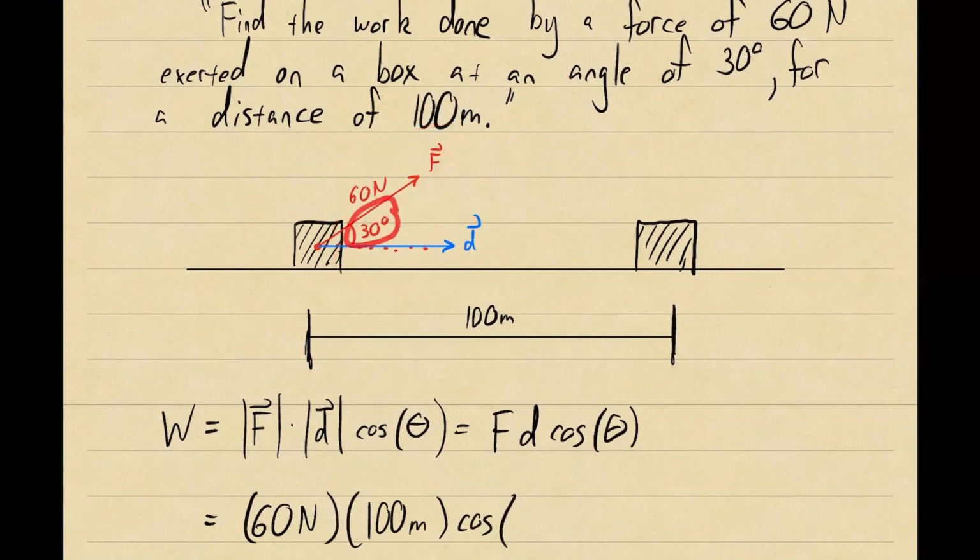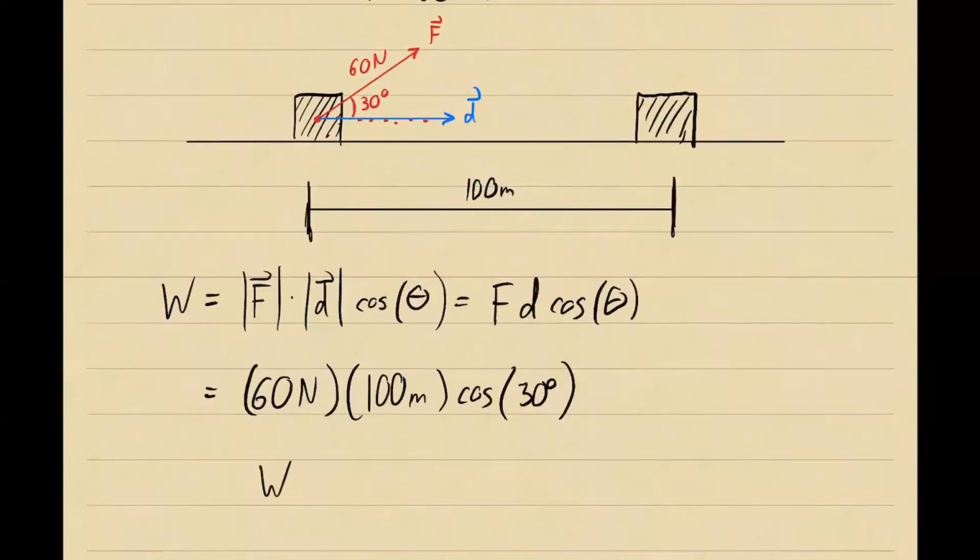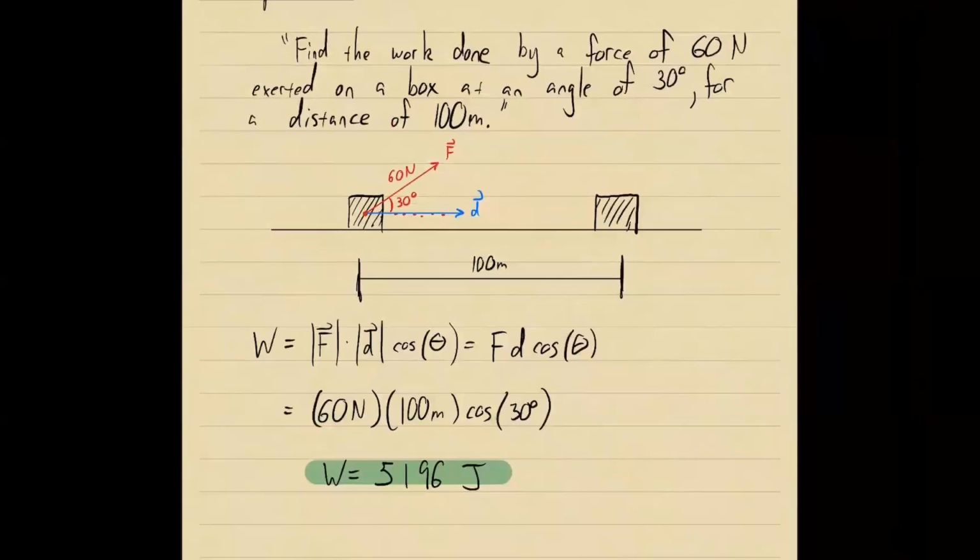Now in this case, that angle is 30 degrees. And so the work done in moving the box from here to here using that force is going to be 5,196 joules. So that's the answer for this first example.